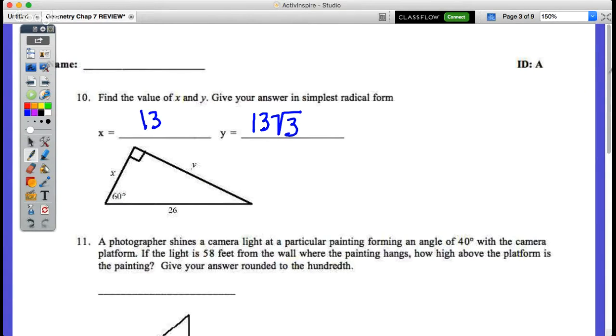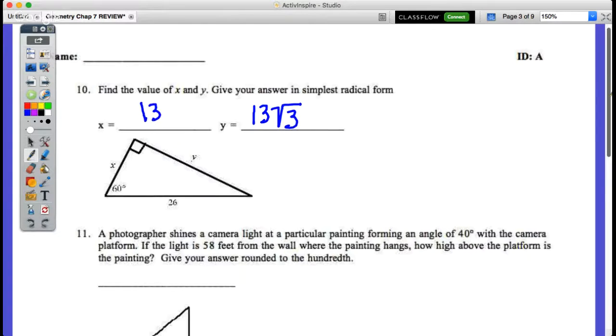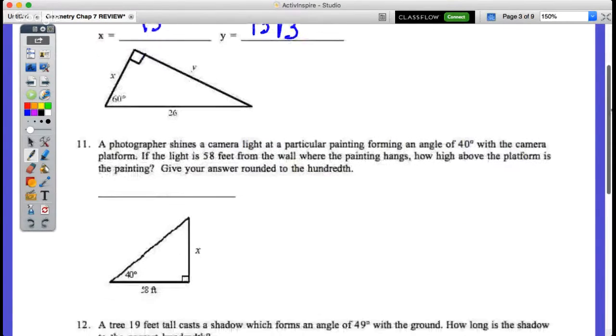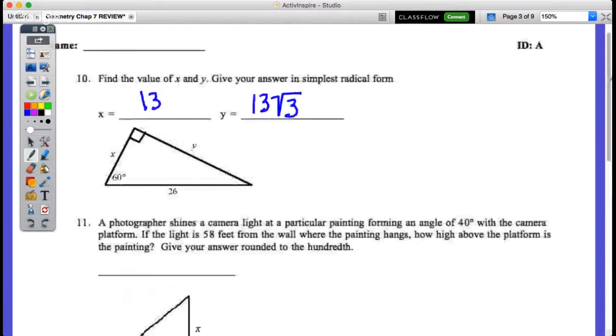Now, number 11. What? We just did number 10. Well, yeah, so this is the hypotenuse. The hypotenuse is twice the length of the shorter leg.